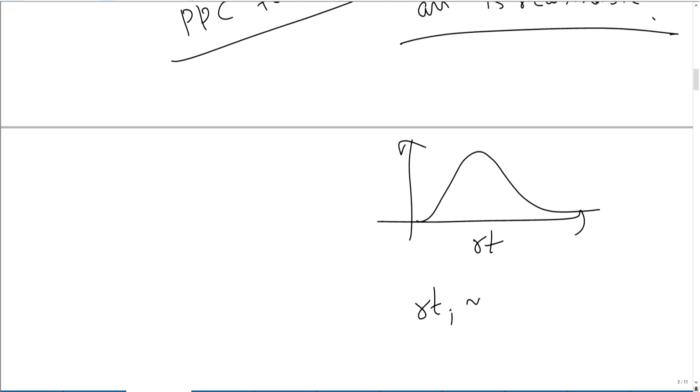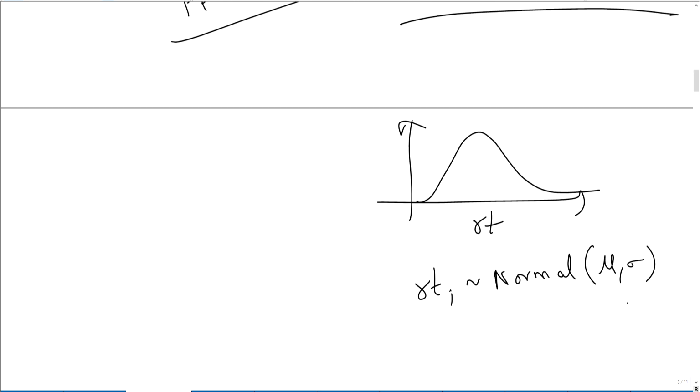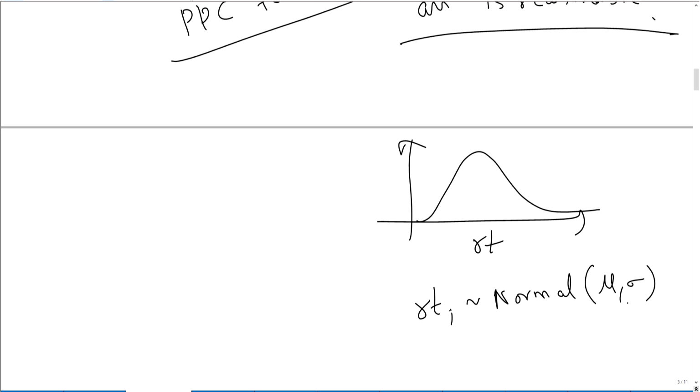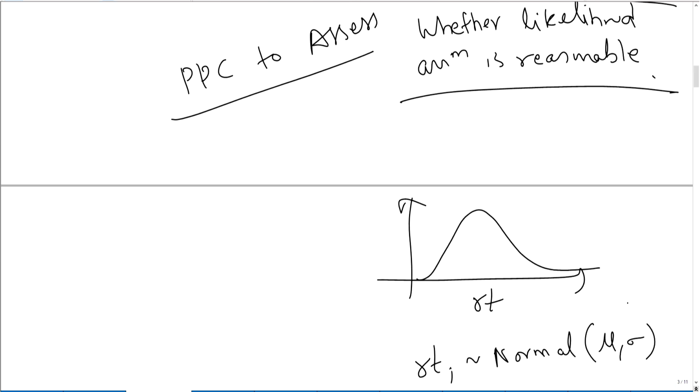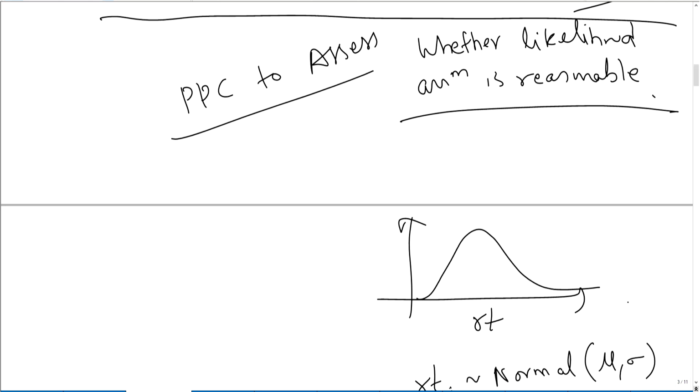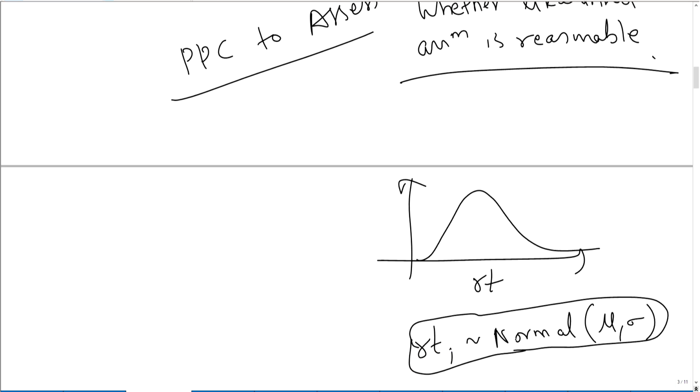One typical assumption people have made in the field is that the RTs come from a normal distribution with parameters mu and sigma. Right. Now, this is the likelihood assumption. Using PPC, you can check whether your likelihood assumption, which is normal, is a reasonable assumption given these data points or not. So, PPC is very useful for that.